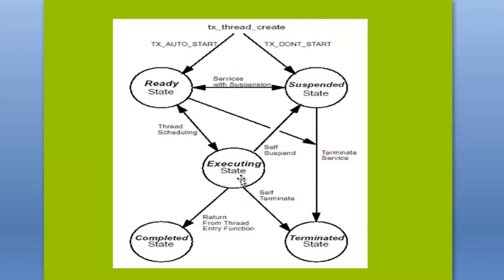It can go to execution state when it starts running, then it can complete. It can go to suspended state, for example when a higher priority task comes, and from suspended state again it can come to ready state, then again start running. From execution state it can be terminated. Various operating systems are available in the market. They all have different state diagrams. This is an example I took from one of the operating systems.